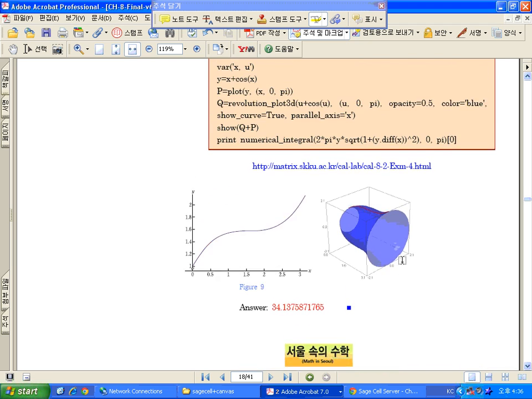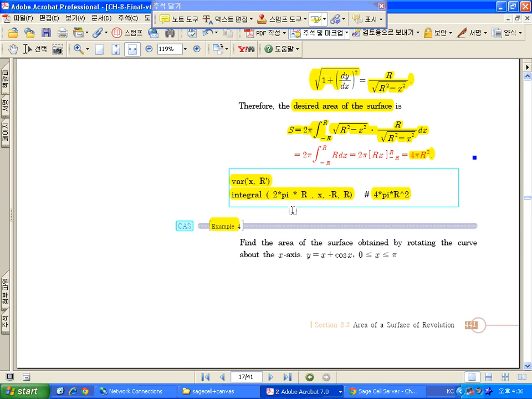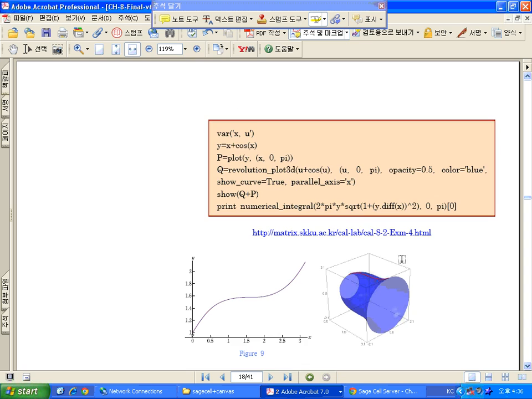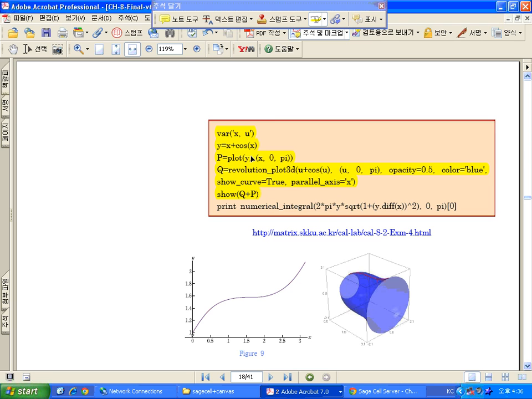Example 4. I think that's the last example in this section. Find the area of the surface obtained by rotating the curve about the x-axis. The function is y equals x plus cosine x, where x is in the interval 0 to pi. If we draw the graph, we can easily draw the graph of x plus cosine x and its revolution like this.